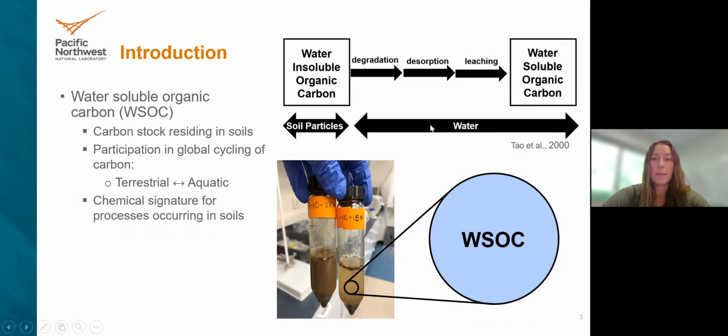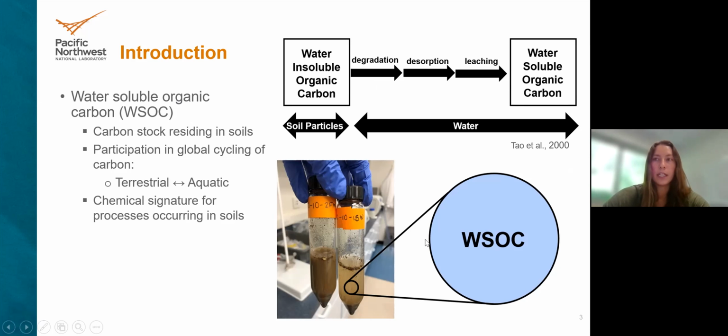Using this diagram in the upper right, we can see that carbon contained in soils can start off as water-insoluble organic carbon, and then this can be transformed via processes such as degradation, desorption, and leaching into water-soluble organic carbon, all of which can occur in aquatic environments.